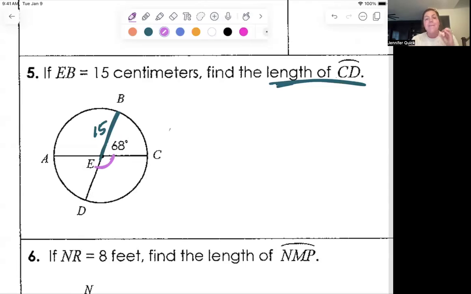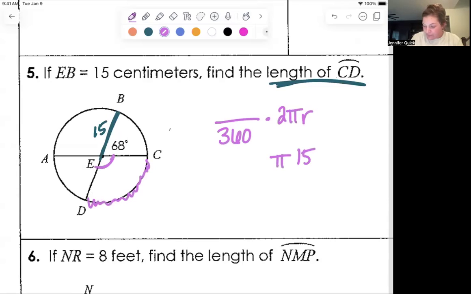Okay, so the length of the arc is that portion of the circle times 2 pi r. Now, in this case, r is 15 again. Now we need to find the portion of the angle.